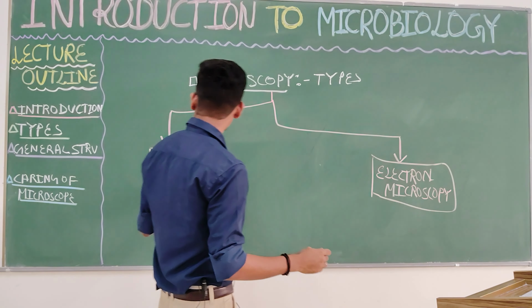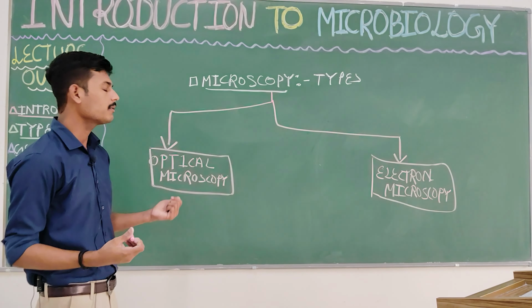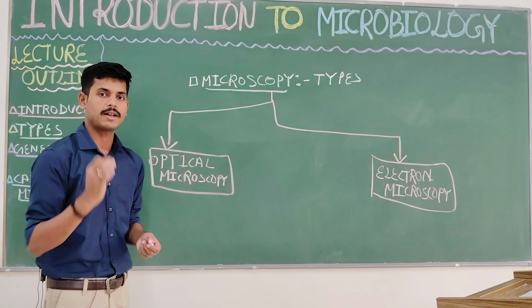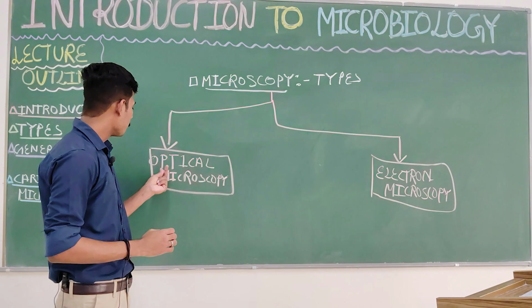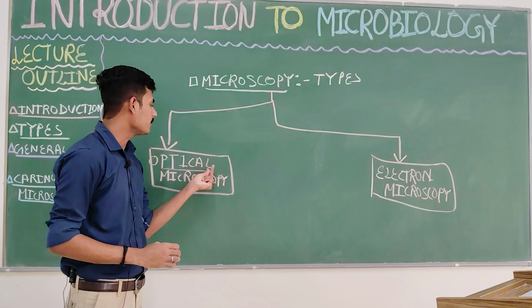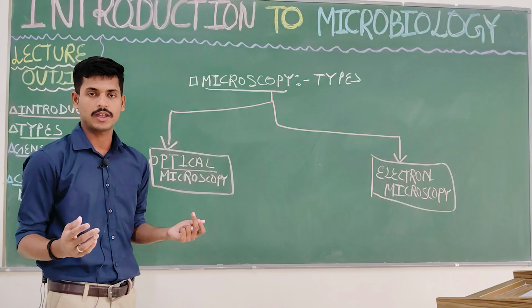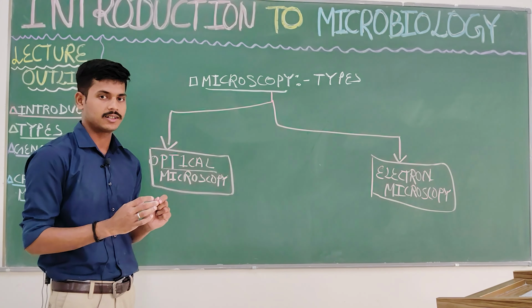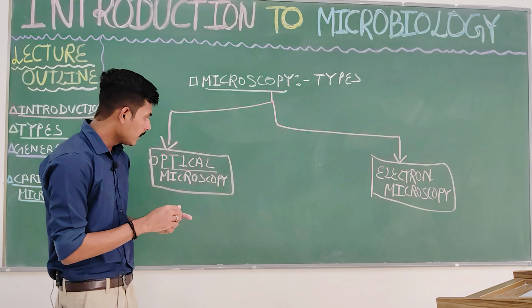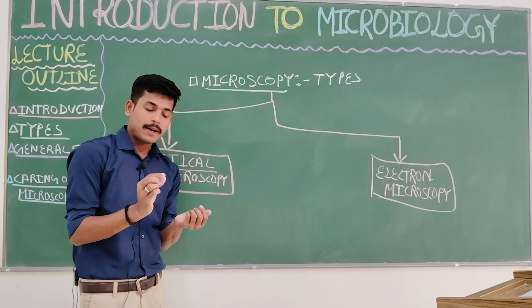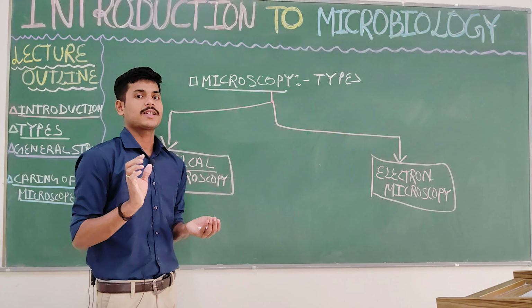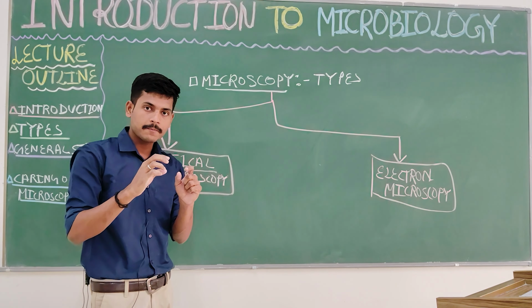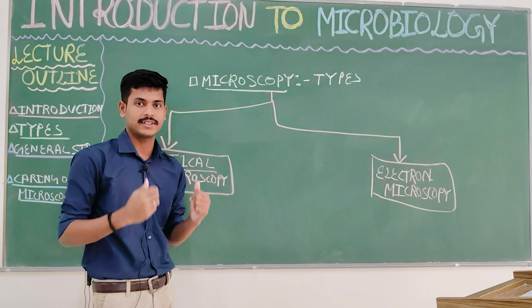Now, what are optical microscopes? Optical microscopes are those microscopes where we use different kinds of optical lenses in order to see the microorganisms. Remember, microbes are very small, so for seeing them, we have to magnify their structure.